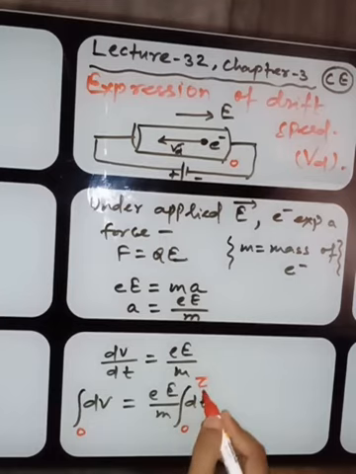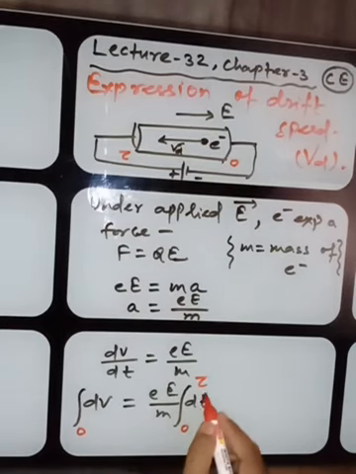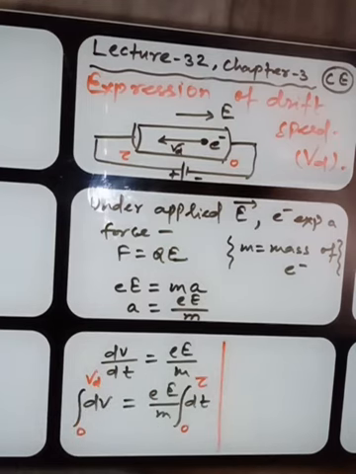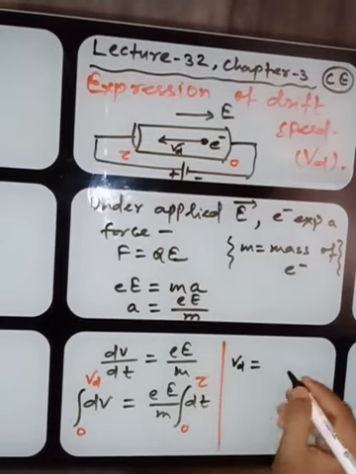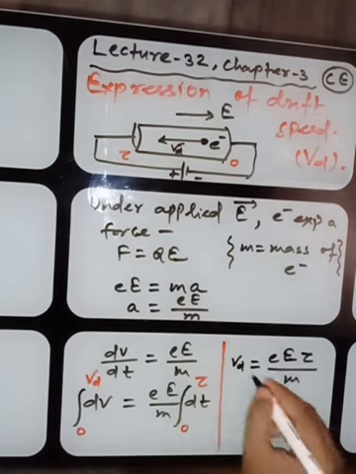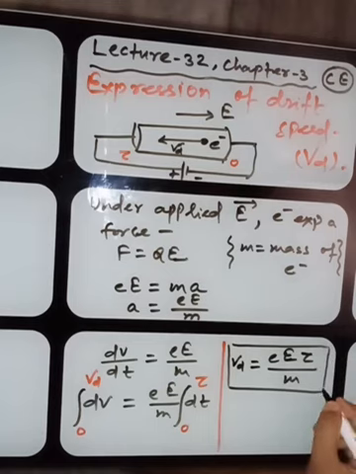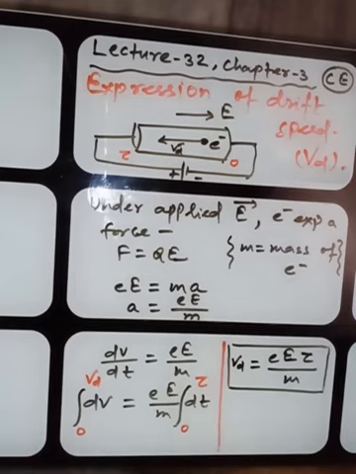In that time, from here to here, the time taken by the electron is tau, and it attains a drift velocity vd. So vd equals e tau over m, and this is the drift speed. This is the simple equation of drift speed attained by the electron.